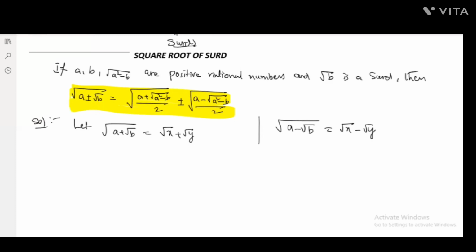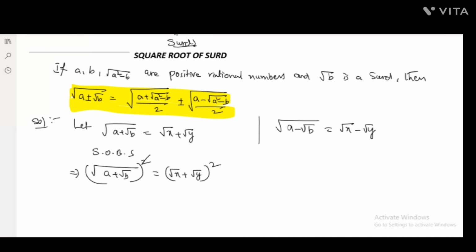So let's discuss the process for root x plus root y. It will be similar for root x minus root y, we just have to replace with the minus. So first I will square on both sides, so the square root on the left side will be cancelled. So root over a plus root b, whole square, is equal to root x plus root y, whole square.